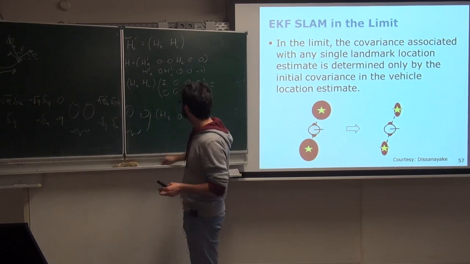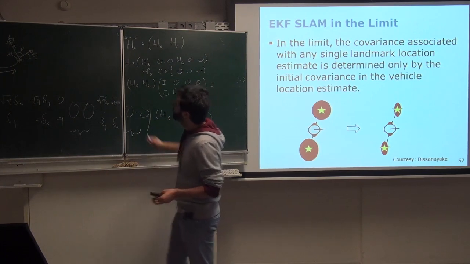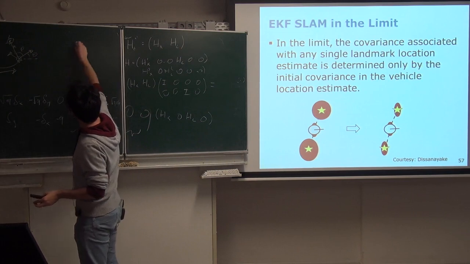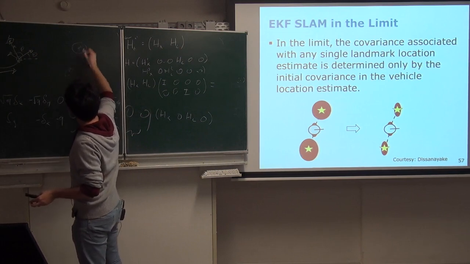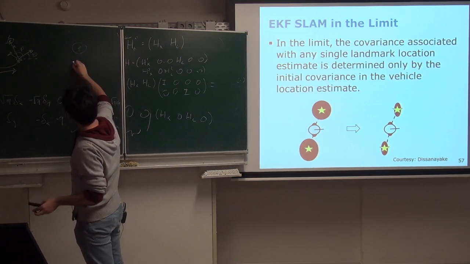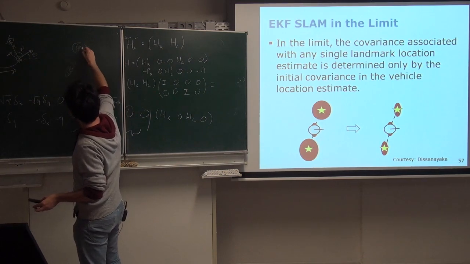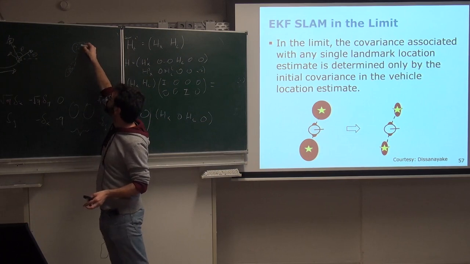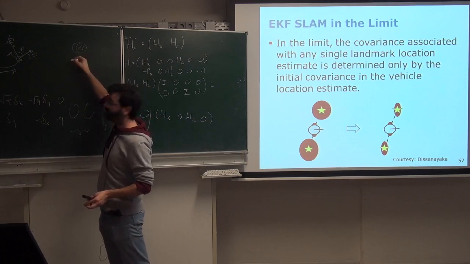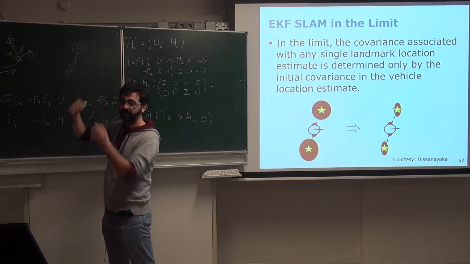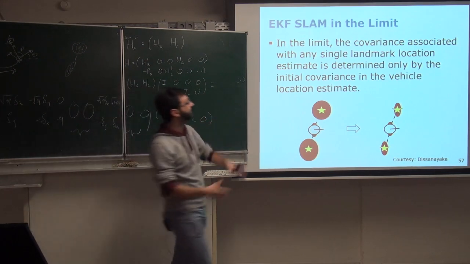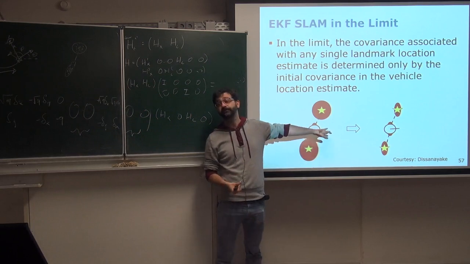If you have a pose here, and the landmark here, if you shrink this down here, you will also shrink this down here. But since there is this connection, whenever you manage to shrink it more than that, the connection will shrink this pose as well. So they are kind of connected together. That's somehow what this slide tells you. This is kind of an insight on what happens in the Kalman filter.